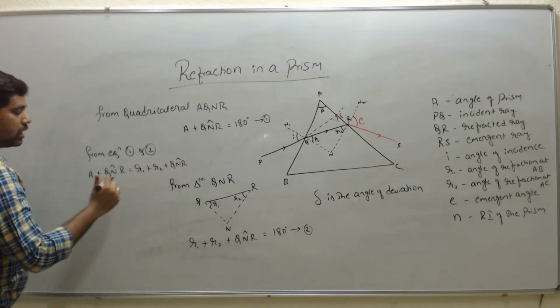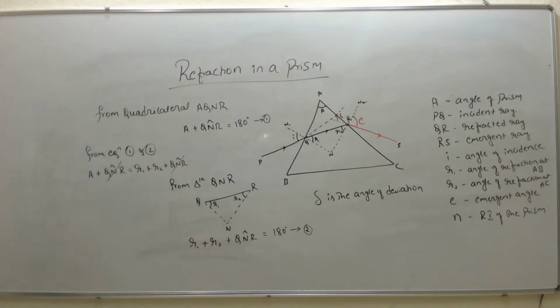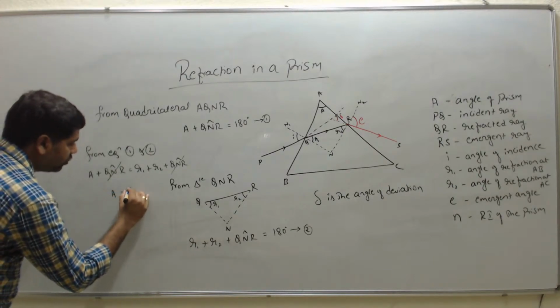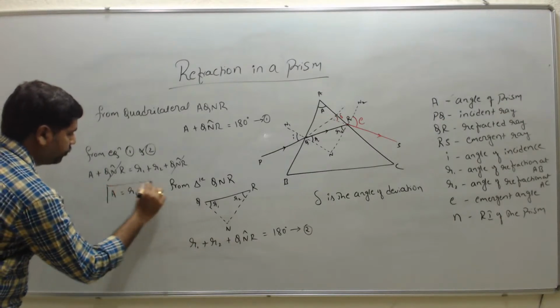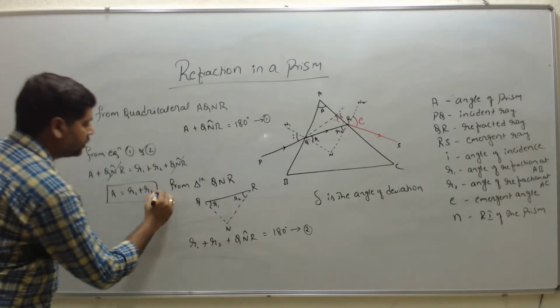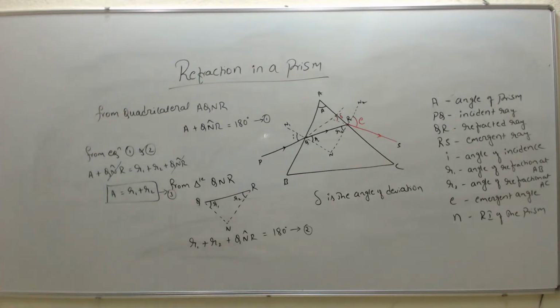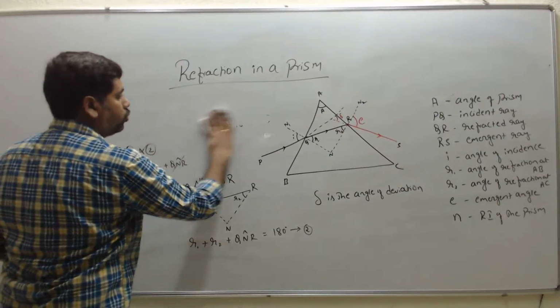In the LHS and RHS we have the same term, angle QNR. It gets cancelled, so the remaining is A equals R1 plus R2. We take this as equation 3: A equals R1 plus R2, from equations 1 and 2.